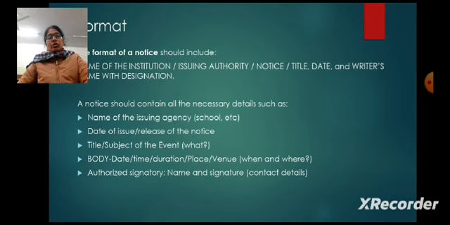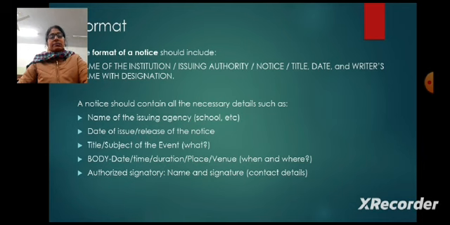Then comes the date of issue, when the notice is issued or released. Then the title or subject of the event about which the notice is being written. Then comes the body, which comprises the date, time, and all other necessary details about the notice.